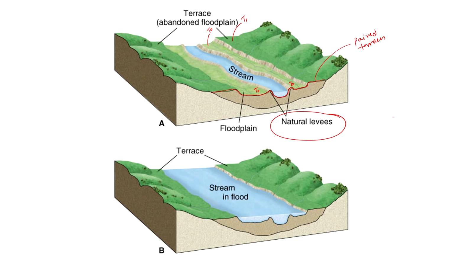If you have a stream bed here, the levee will be topographically slightly higher, and then it becomes gentler as you move away from the channel. These elevated parts are termed natural levees.